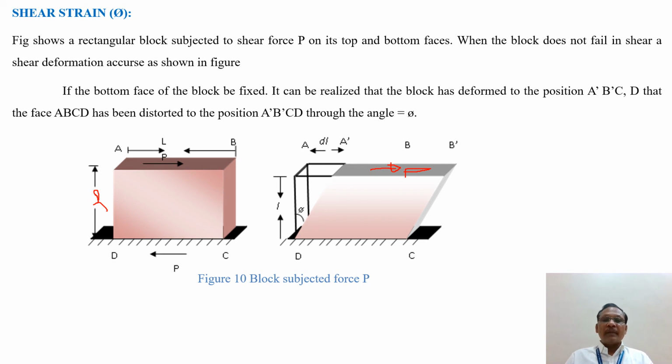So lateral deformation divided by the distance of that layer from the reference point or fixed point, this ratio is nothing but the shear strain. Or in short we can write tan phi is equal to opposite side divided by the adjacent side, that I have written on the next slide.